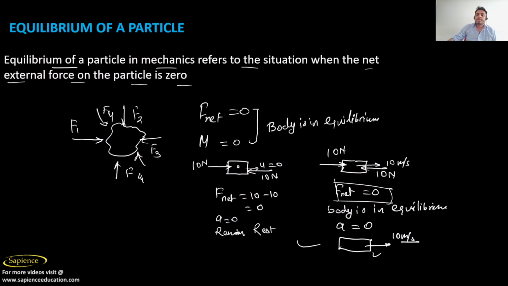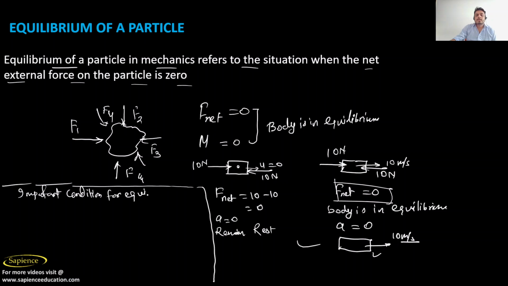Okay, now before that I will teach you the most important thing for equilibrium. Three important conditions for equilibrium. You should definitely try to understand this, for it will be helpful for your exams or any numerical problems.